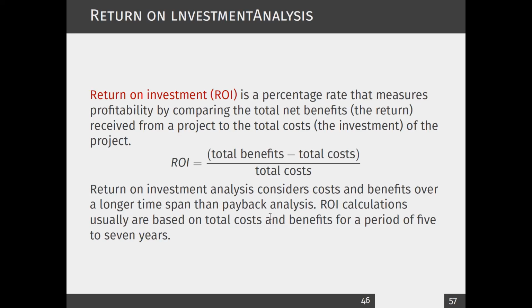So in return on investment, ROI, what happens? We will look at the total cost and total benefits. So we will get the difference between the benefit and cost as a percentage of the total cost that you have spent. And this is what we call ROI.